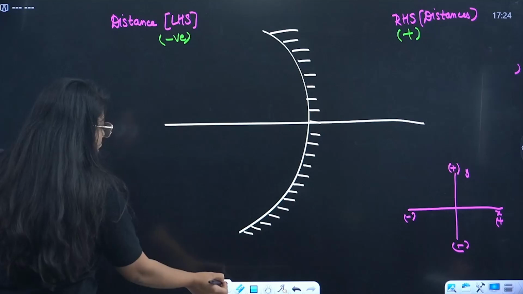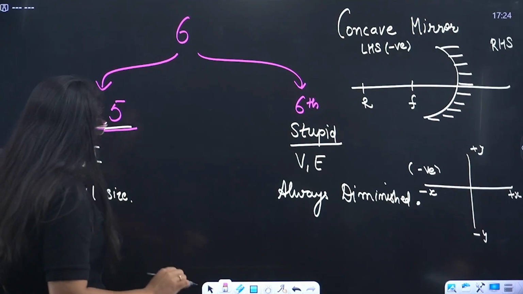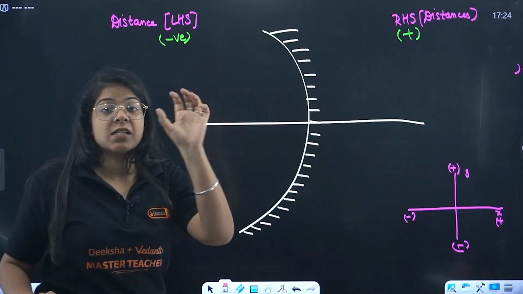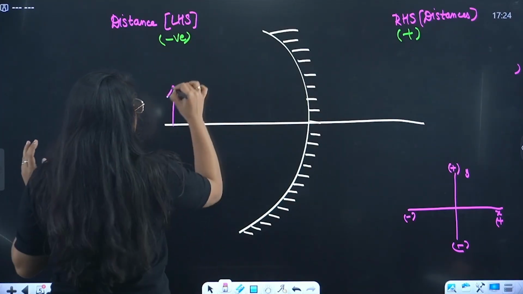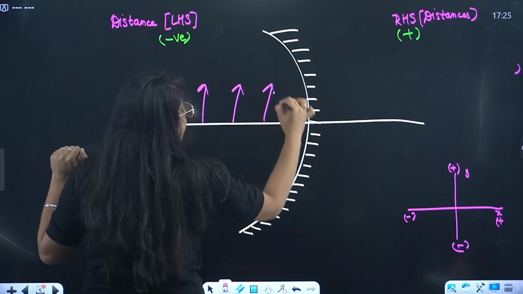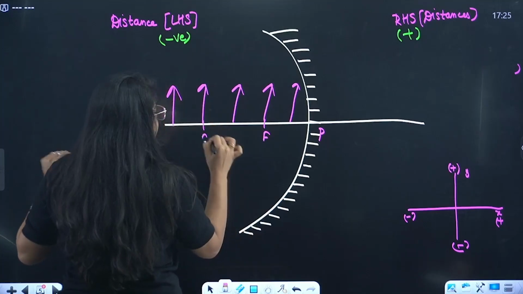So beta, in all the 5 cases, we know U is always on this side. U, our object distance: our object is always placed on the left hand side, somewhere beyond C, at C, between C and F, at F, between P and F. So this is your F, this is your center of curvature.